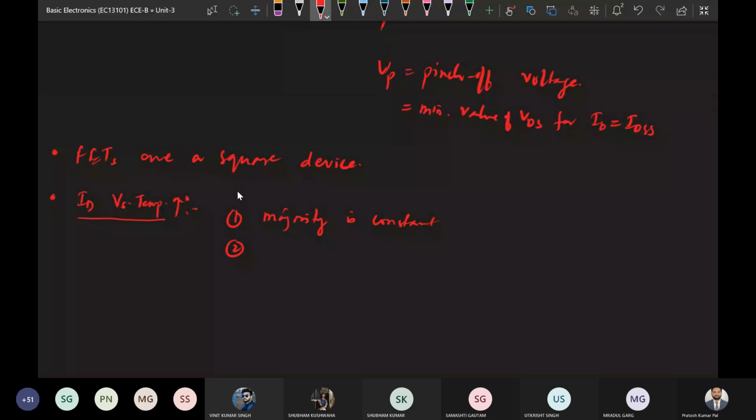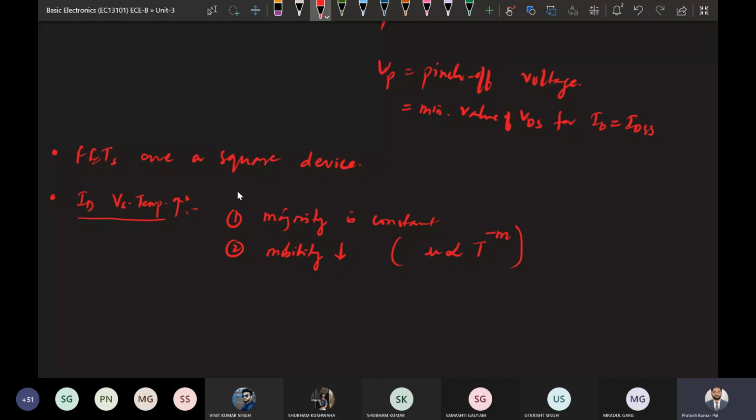But if we talk about the mobility, the mobility of charge carriers is going to decrease as we increase the temperature. In the previous classes, the starting classes, we have gone through the variation of mobility in terms of temperature. So mu is directly proportional to T to the power minus m.